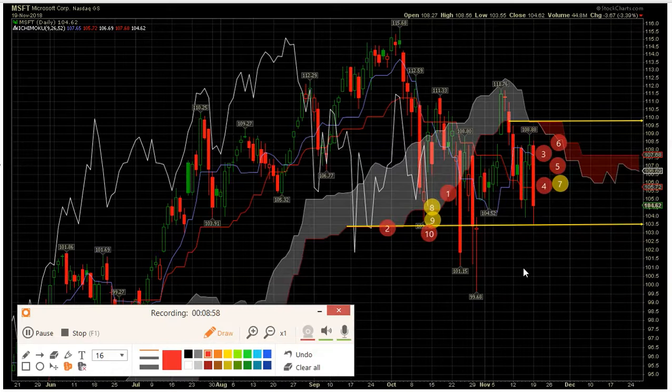Let's have a quick recap of our 10-item checklist of the Ichimoku Kinko Hyo system. Just giving it a quick glance, it looks like it's 7 bearish checked items on our checklist and 3 neutral. There is nothing, I repeat, nothing bullish about this chart.